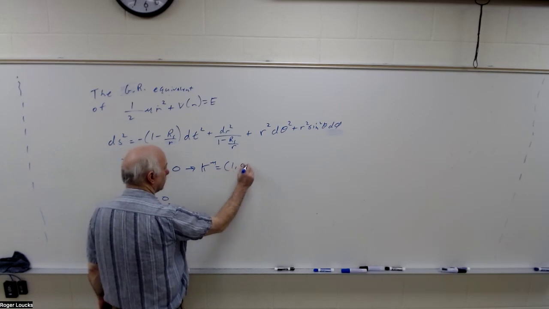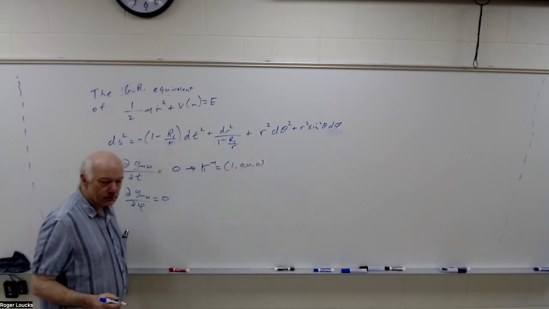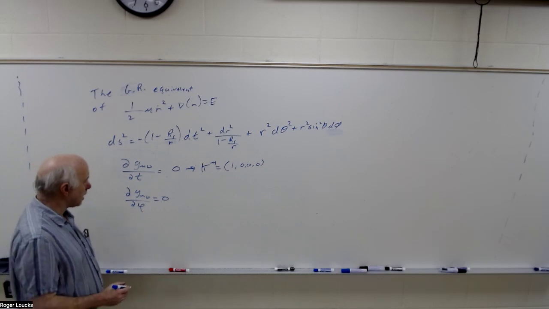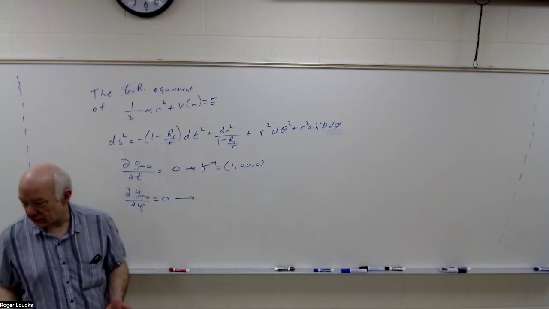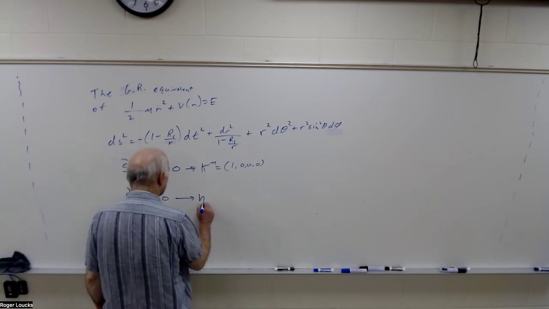So I'm going to call this Killing vector K mu, and this is going to be 1, 0, 0, 0. And this other one I'm going to call eta, just to distinguish it.